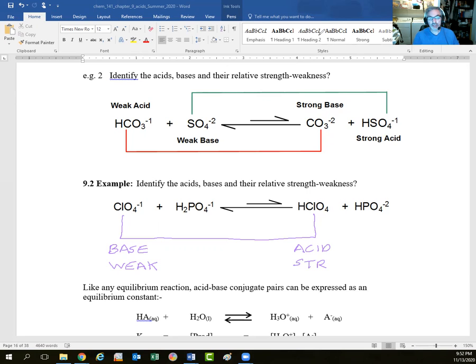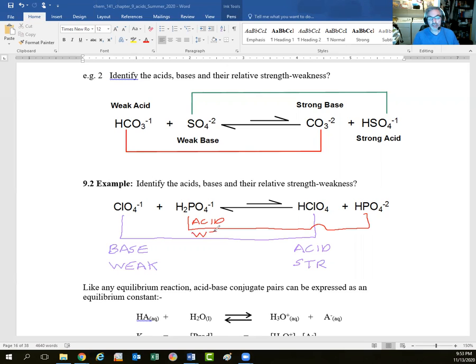Looking at the other conjugate pair, easy to spot. The H2PO4 and the PO4. So what does the H2PO4 have to do to turn into its conjugate? It's got to give away, donate a proton. It's an acid. Again, it's swimming against the current as part of the unfavored reaction from left to right.